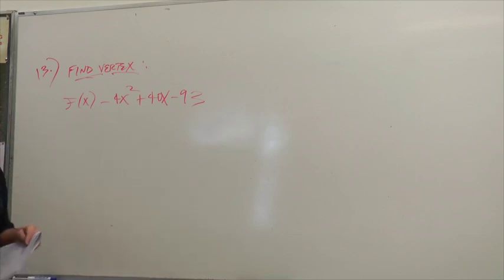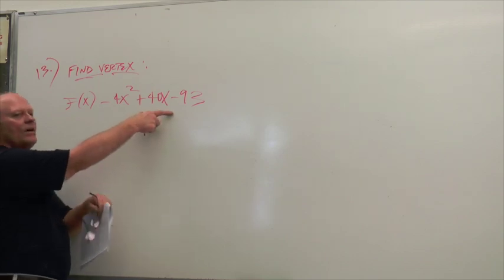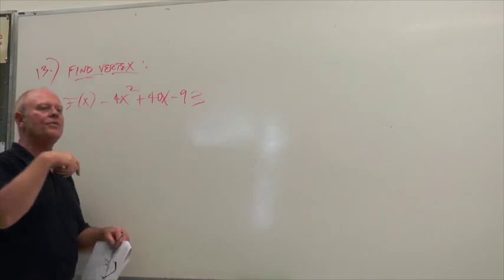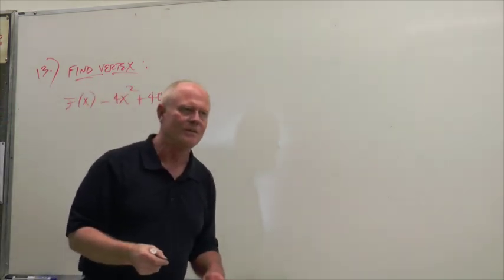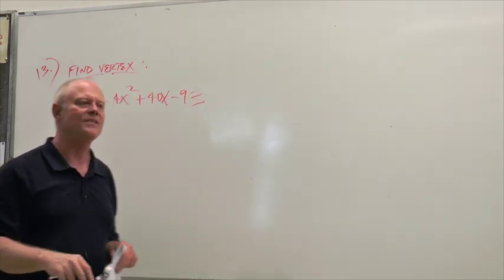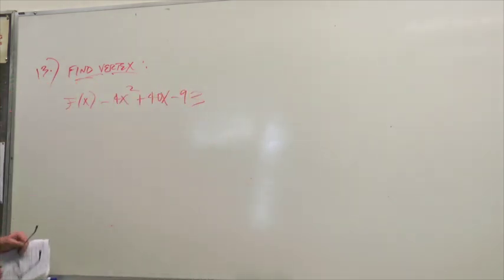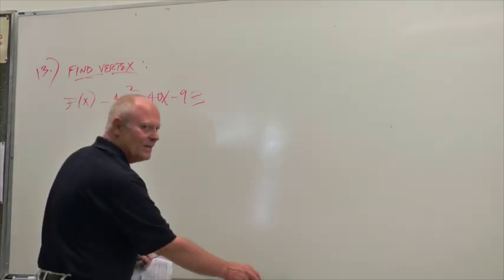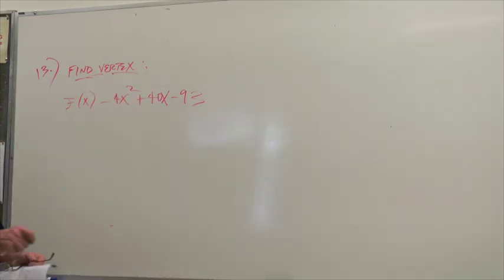Good. Now, what's the problem? Well, there's different ways you can do this. We could take all this over here and create vertex form by completing the square on the right hand side. Why do all that? Do you remember what's true about h in the vertex?